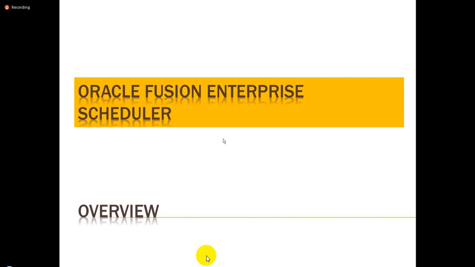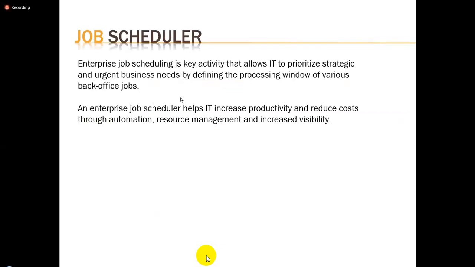To schedule a job in the Fusion application, any job in the Fusion application, we use Enterprise Scheduler. So before that, Enterprise Scheduler is nothing but a job scheduler. So job scheduling is a key activity that allows IT to prioritize any urgent business needs, right, by defining a process and submitting it as a job.